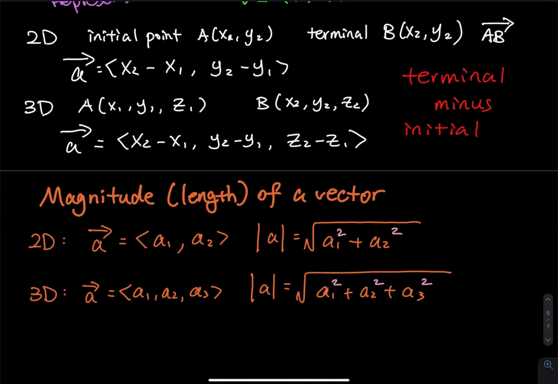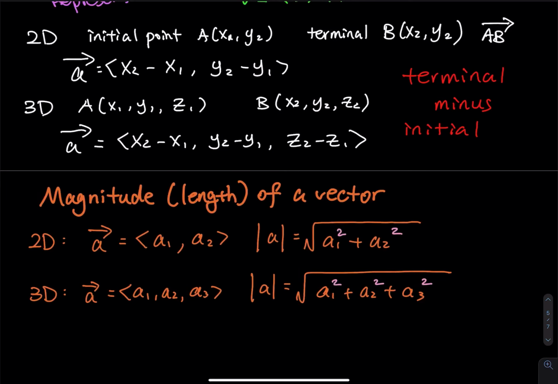And then the magnitude is even easier. The magnitude means the length of a vector. For 2 dimensions, all you have to do is square every component of a vector. For a 2-dimensional vector A, I have A1 and A2. You take the square root of the square of A1 plus the square of A2.